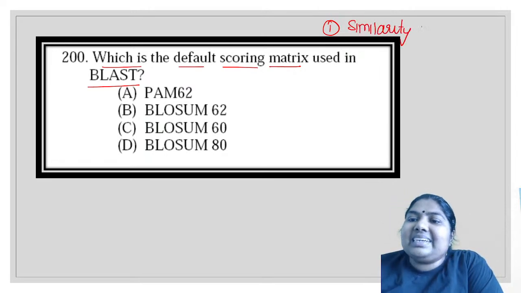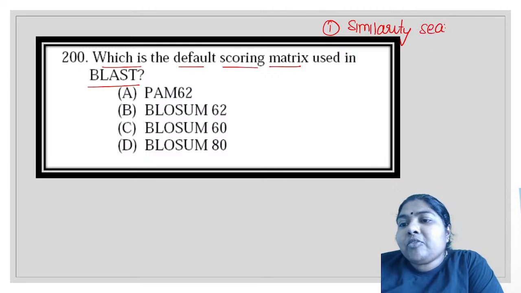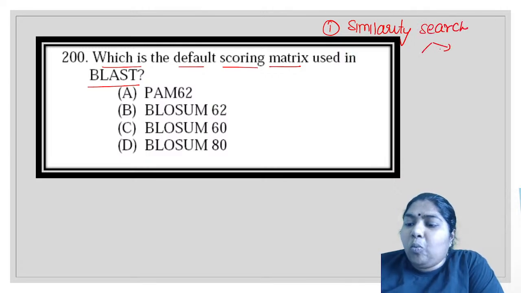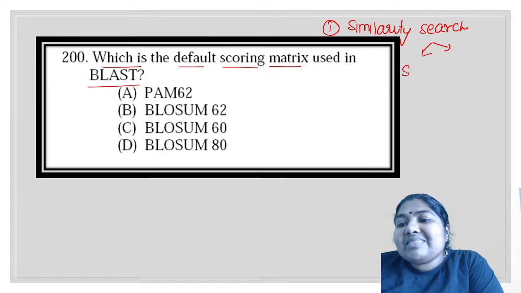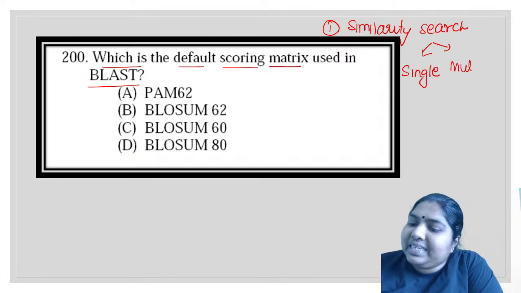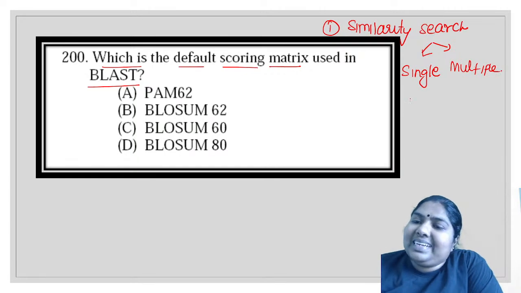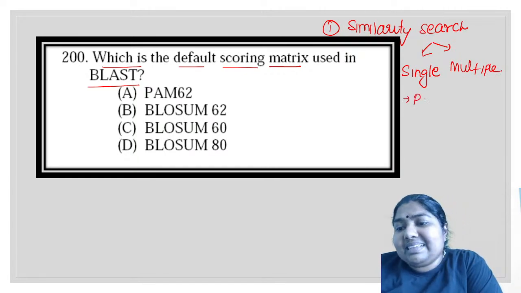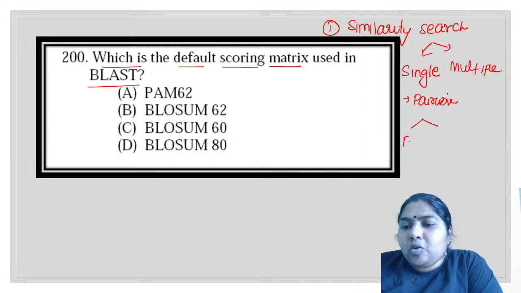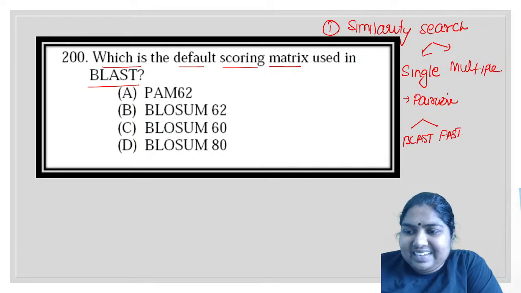Under the similarity search, you have two main options. One is single alignment, another is multiple alignment. Under the single alignment, or pairwise alignment, you will get two: one is BLAST and the other is FASTA.